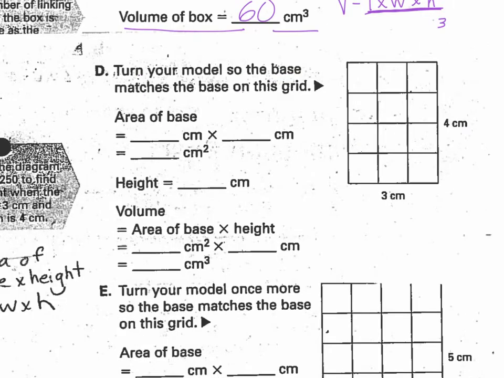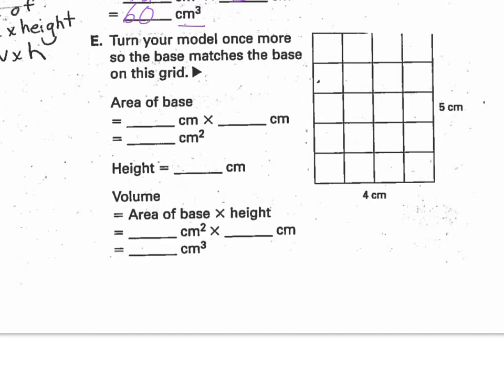If we take the same model and turn it, so the base is 3 by 4, 3 times 4 is 12 centimeters squared. The height is 5. Area of the base is 12 times 5, which is the height, gives us 60 centimeters cubed.